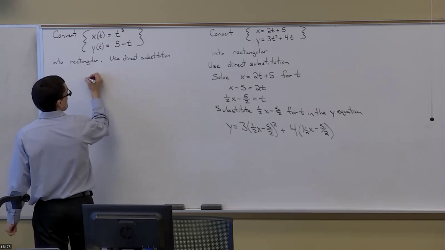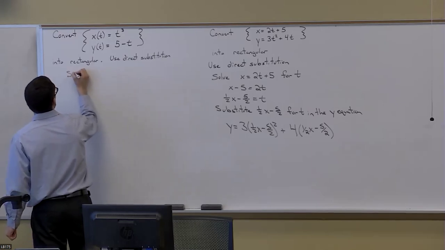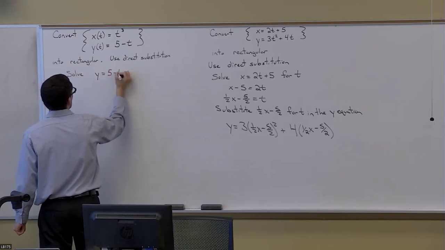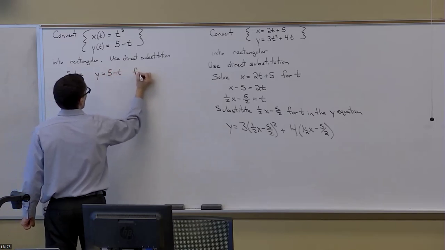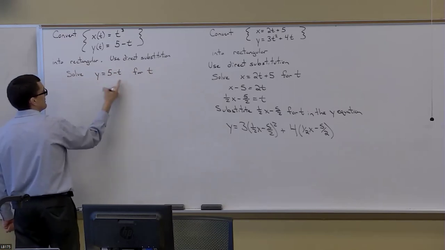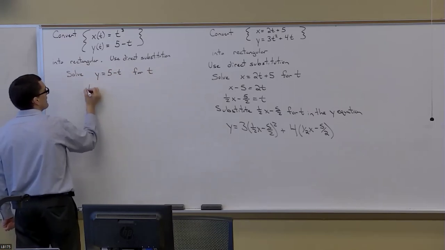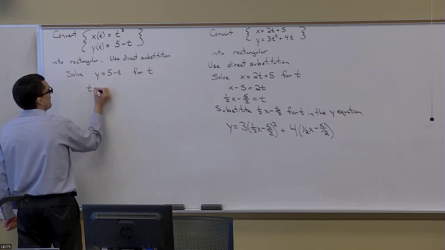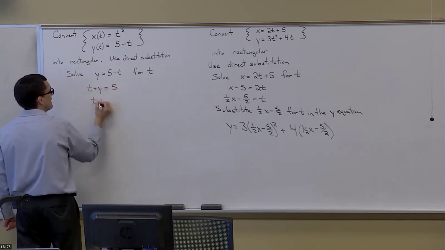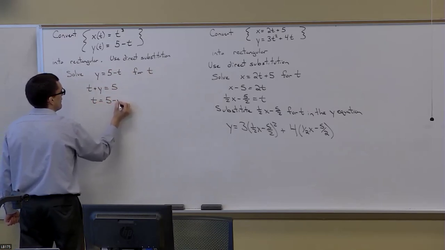But I'll solve y equals 5 minus t for t. So add t to both sides and then subtract y. You get t plus y equals 5, and then t equals 5 minus y.